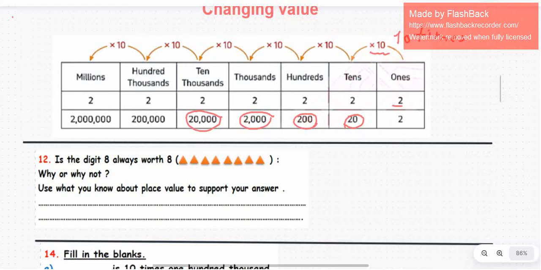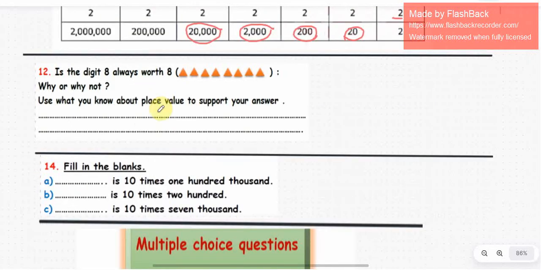Okay? So, in this question number 12, is the digit 8 always worth 8? What's the meaning of that? He said, is an 8 in any place always equal to 8? If I put all these triangles 8 and create a number, and don't forget to put the commas.